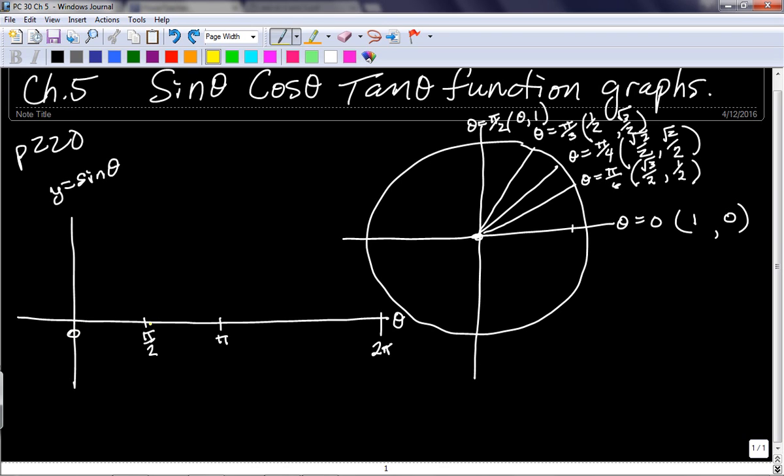So we're going to start by graphing theta as our independent variable, the horizontal variable, and then the sine values, which are 0 for 0. For pi over 6, it's 1/2. For pi over 4, it's root 2 over 2. And for pi over 3, it's root 3 over 2. And pi over 2 is 1.